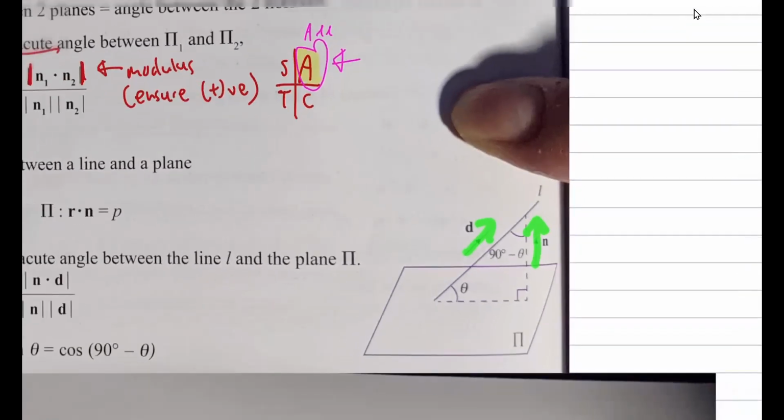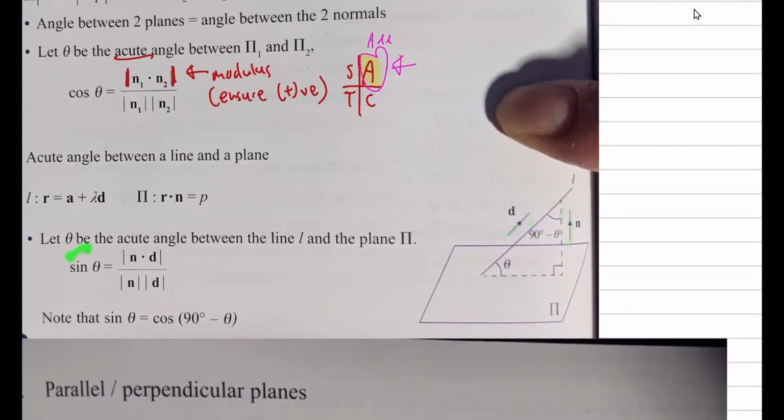That's exactly what we have here. But how come here it is sine theta? Why is it not cosine? Because you must remember your goal is to find theta. Here we are finding 90 minus theta, which indirectly helps us find theta.